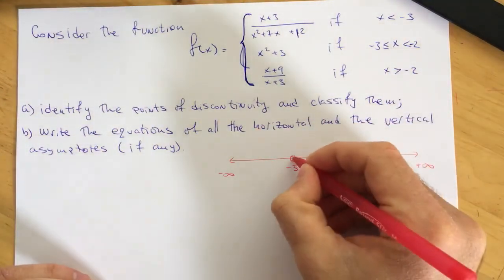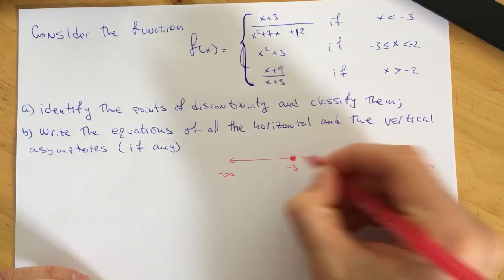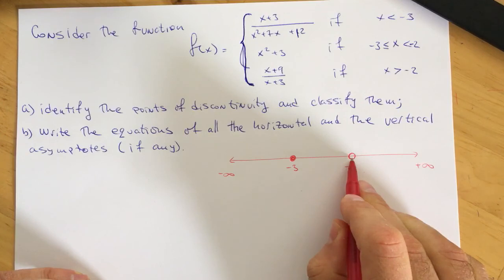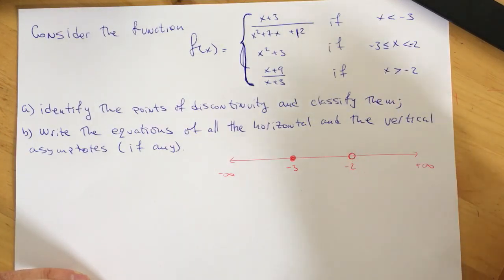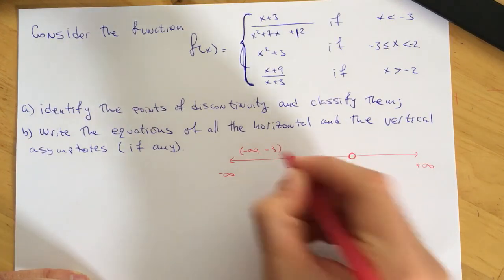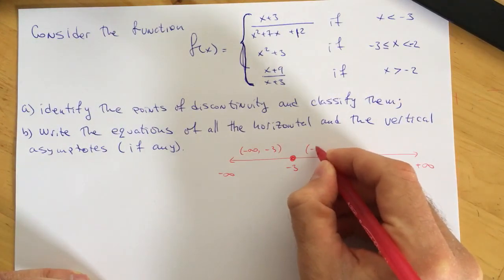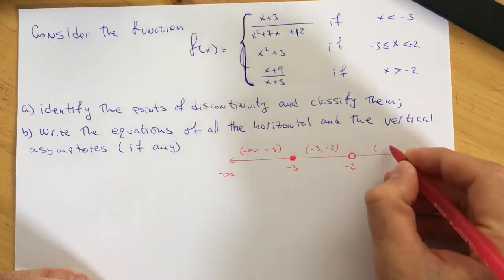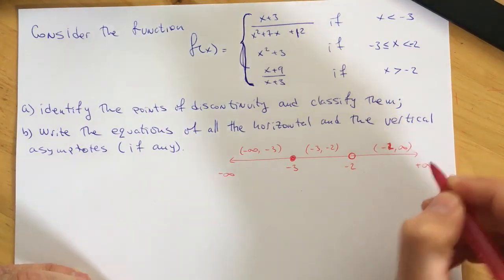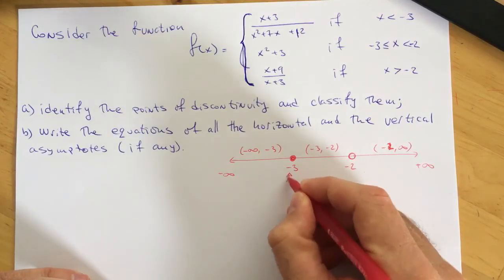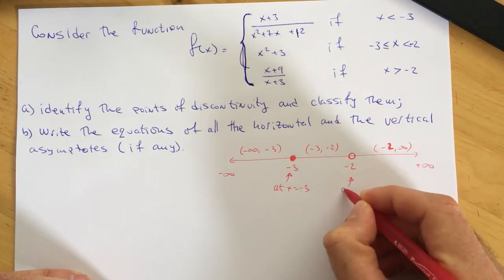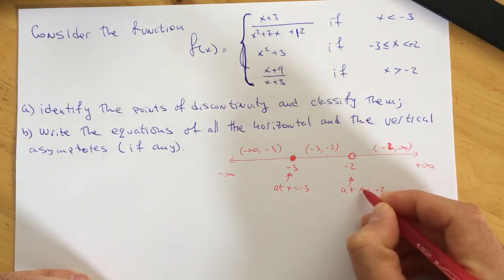It's defined at negative 3, all the way to negative 2, and then from negative 2 all the way to positive infinity. So I have three intervals: from negative infinity to negative 3, from negative 3 to negative 2, and from negative 2 to infinity. And then of course I have to check what happens at x = -3 and what happens at x = -2.